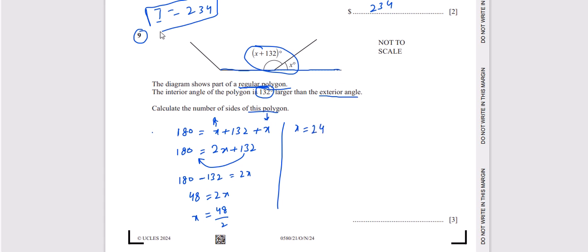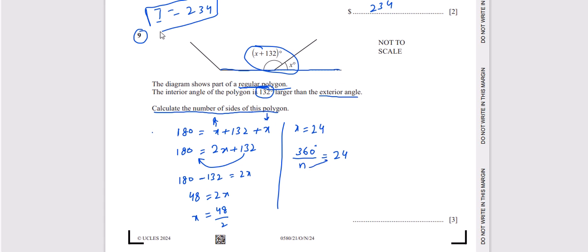Now we have to calculate the number of sides of the polygon. The polygon has total angle 360, divided by the number of sides is equal to the exterior angle, that is equal to 24. Now we have to calculate the value of n.